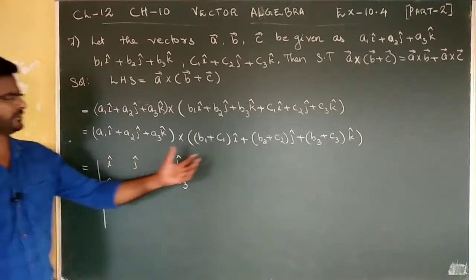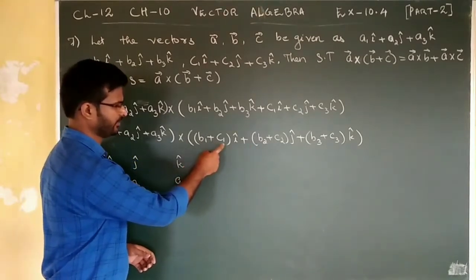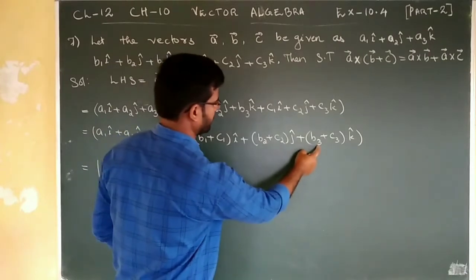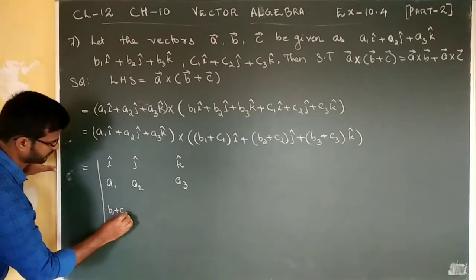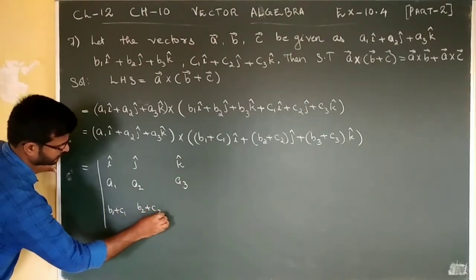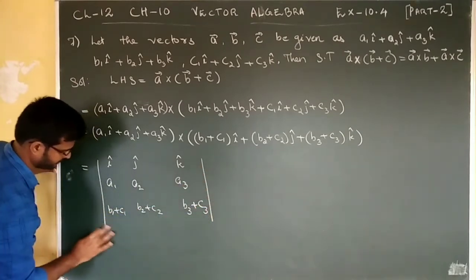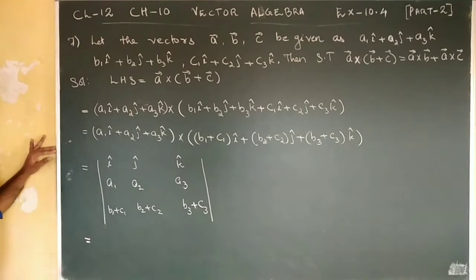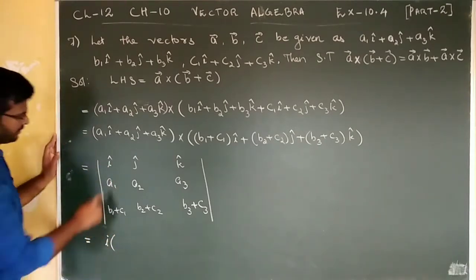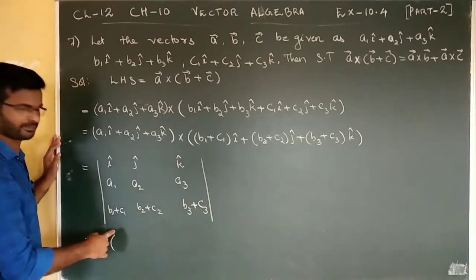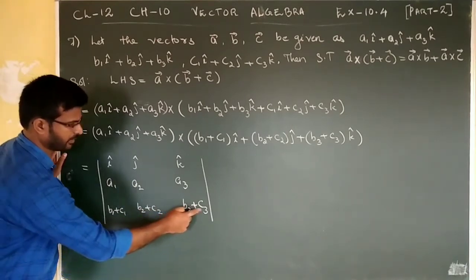In third row, we will write scalar components of second vector: B1 plus C1, B2 plus C2 and B3 plus C3. We can take the determinant: I vector, leave first row and first column, then remaining A2, A3, then B2 plus C2 and B3 plus C3.